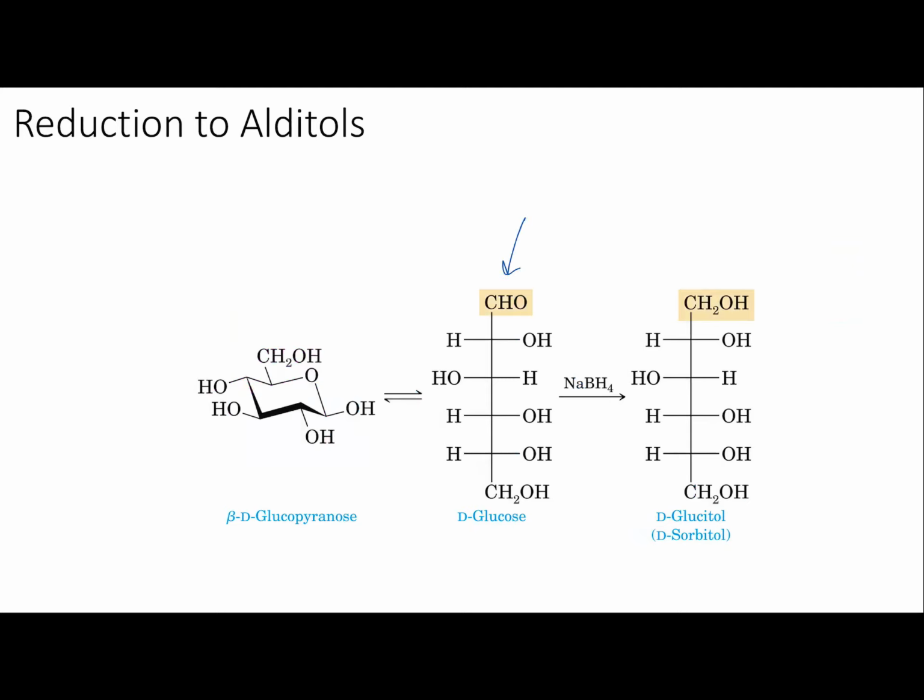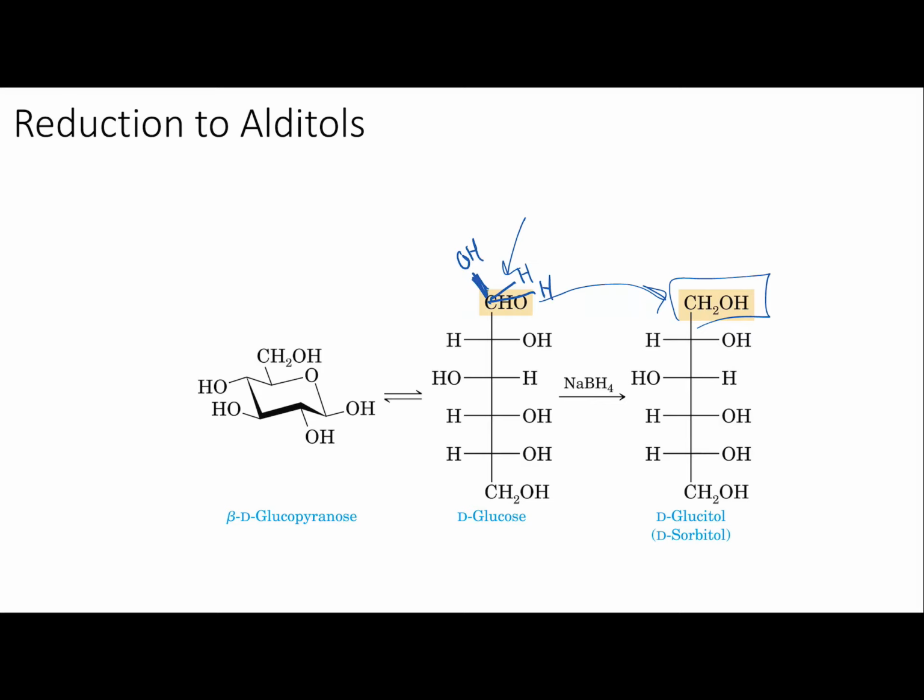So the CHO gets turned into basically just a hydroxyl. Instead of this being a C double bond O with an H on it, it becomes that. You lose that double bonded O. And then these just have alcohol groups all the way around them. And these are called alditols, or like I said before, sugar alcohols.